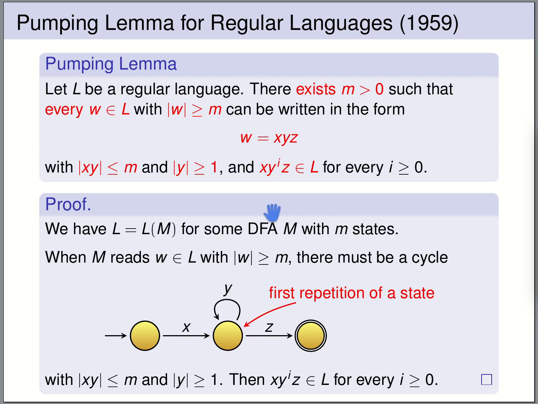So we have to show that this holds for whatever automaton, whatever number of states m this automaton has. Also, we don't know how this path through the automaton looks, and therefore we don't know how this decomposition into x, y, z would look like. So again, we are going to use the pumping lemma in order to establish that certain languages are not regular.